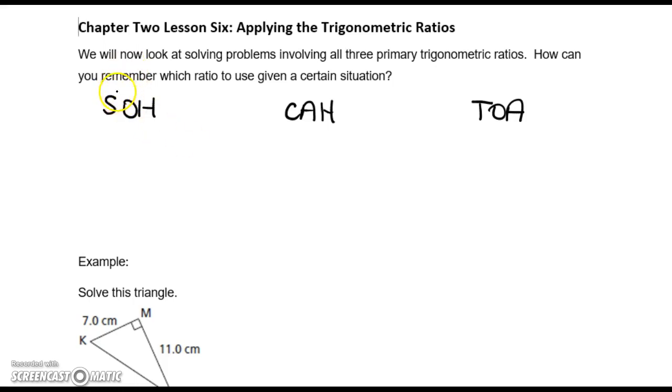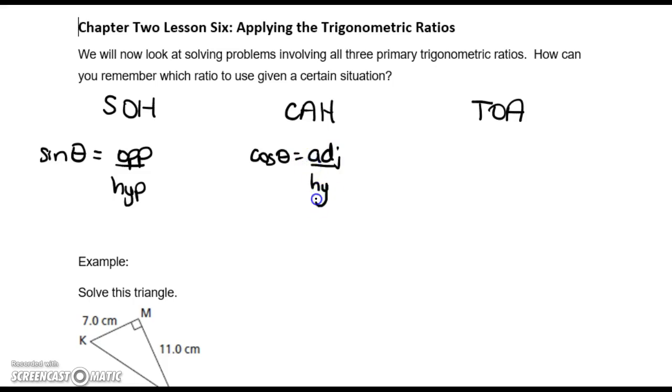So in SOH, we have the sine ratio, so sine of theta is equal to your opposite over your hypotenuse. In CAH, we have cosine of theta is equal to your adjacent over hypotenuse. And then TOA is tan of theta is equal to your opposite over your adjacent.